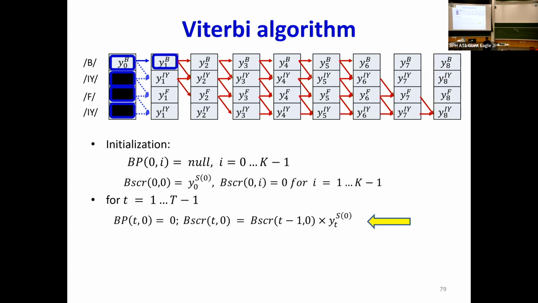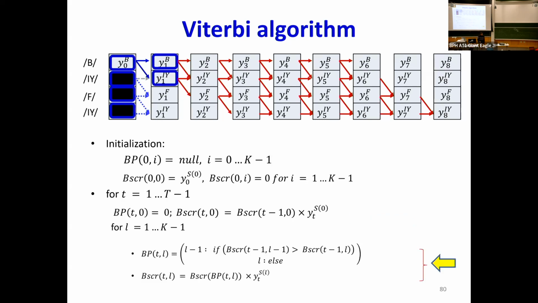So it's basically the best path score to the best parent times yt as 0. But for subsequent paths, if you go down, every node has two parents, right? I can find which parent has the highest path, the highest probability. And depending on whoever is the best parent, I'm going to store the information about who the best parent is, and then just multiply the probability of the best parent with the current node score to give me the best path score to the current node.